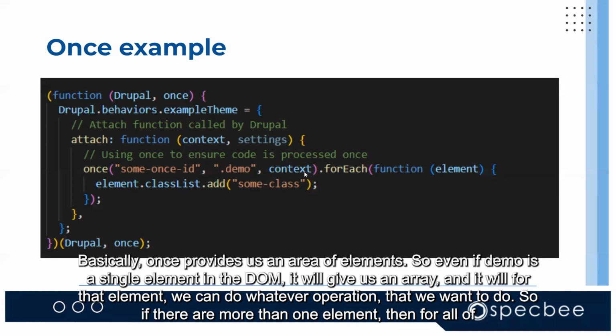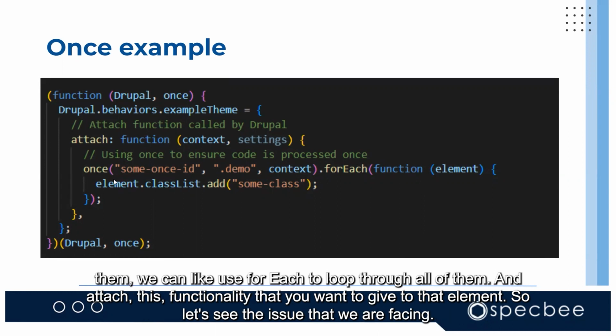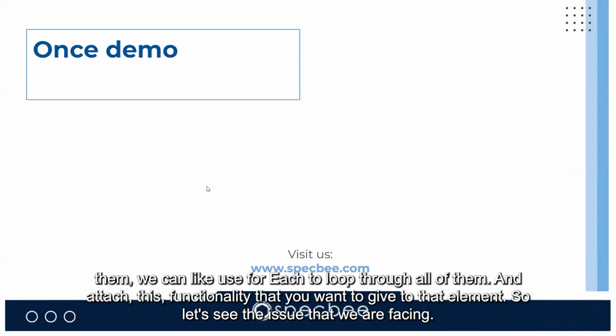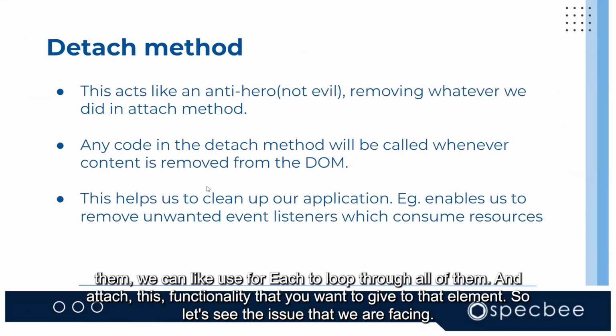Once provides us an array of elements, so even if .demo is a single element in the DOM, it will give us an array, and for that element we can do whatever operation we want. If there are more than one element, we can use forEach to loop through all of them and attach the functionality that we want to give to those elements. So let's see the issue that we are facing.